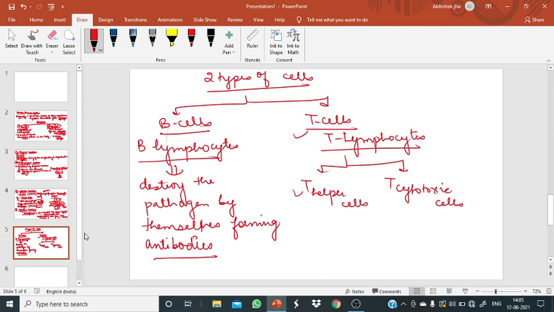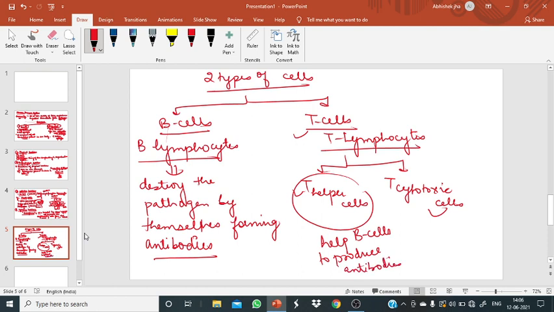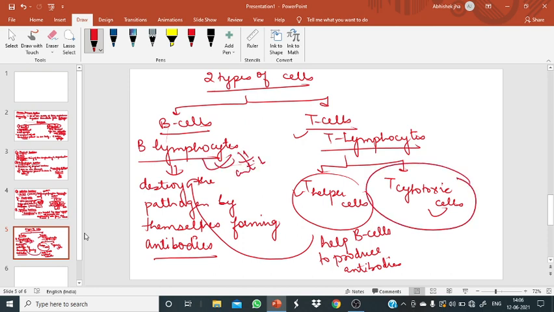There are two types of T cell, T helper cell and T killer cell. T helper cell will help B cells to produce antibodies. This T cell will help these B cells to produce antibodies to destroy the pathogen, and this T cytotoxic cell will again by themselves kill the viruses, kill the pathogen.